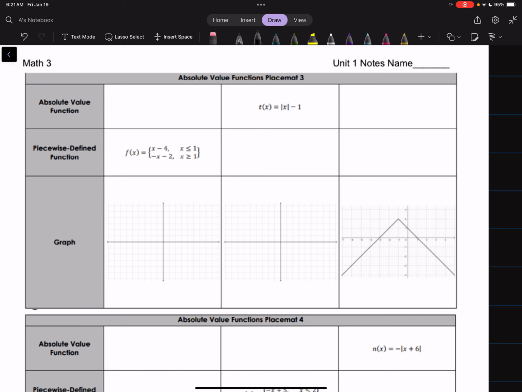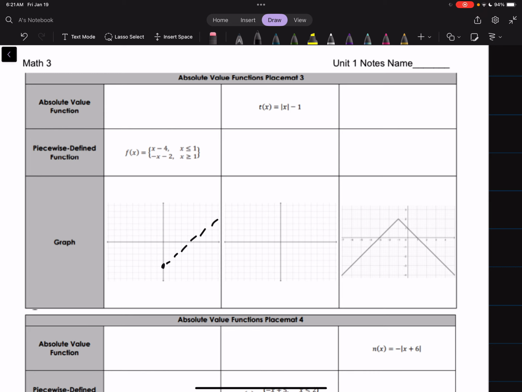Our first equation is x minus 4. It's a positive slope. We want this. Sorry, I just drew that out of habit.